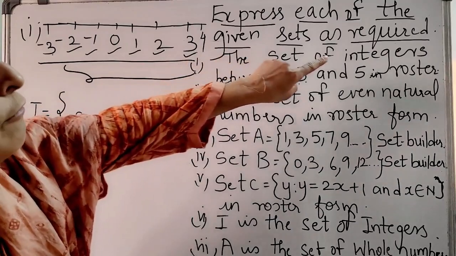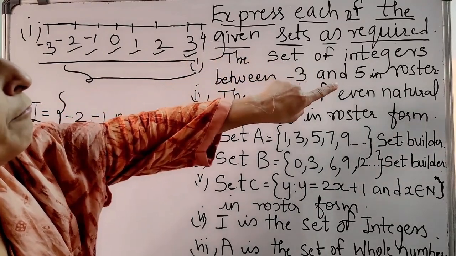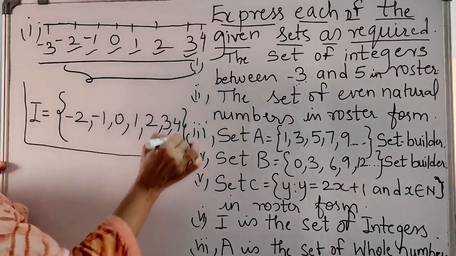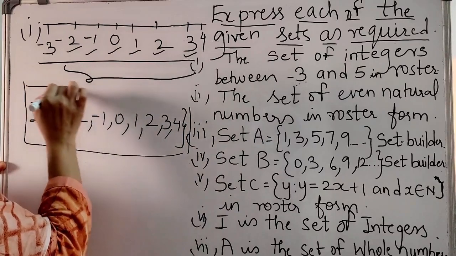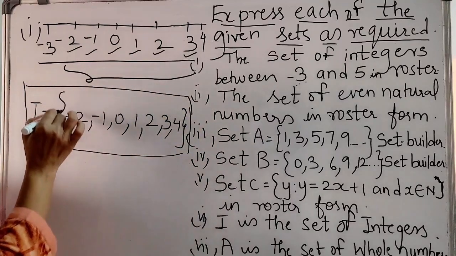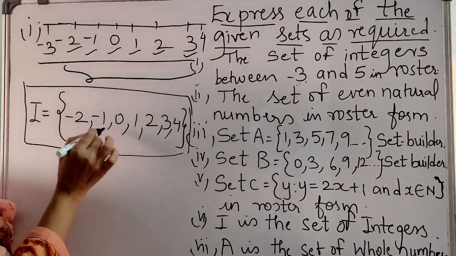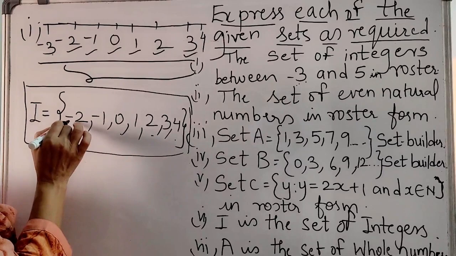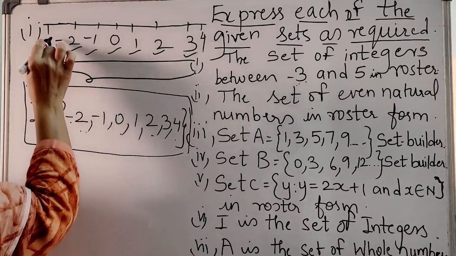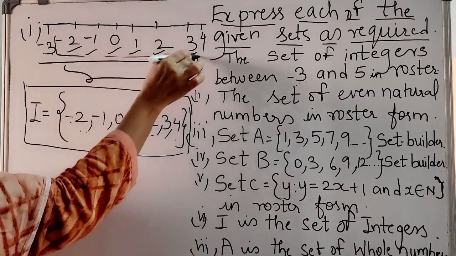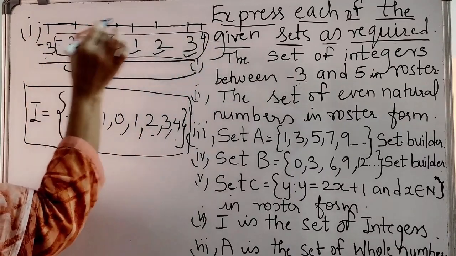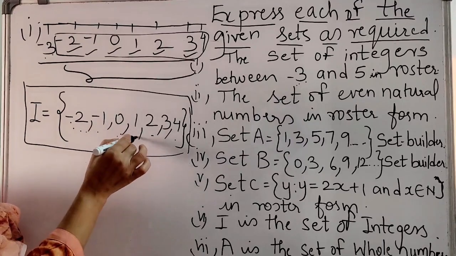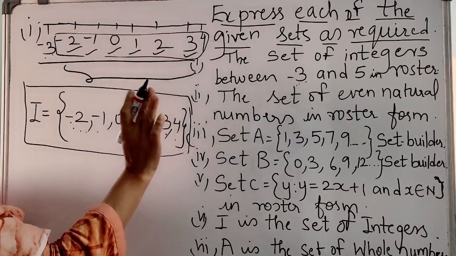So the set of integers between -3 and 5 in roster method or tabular method is this: integers is equal to, curly bracket, and the elements which are there, you put commas. So it starts with -2, -1, 0, 1, 2, 3, 4, stop.